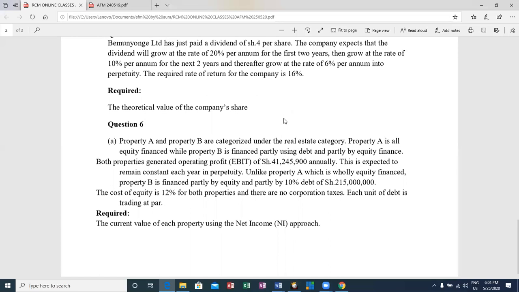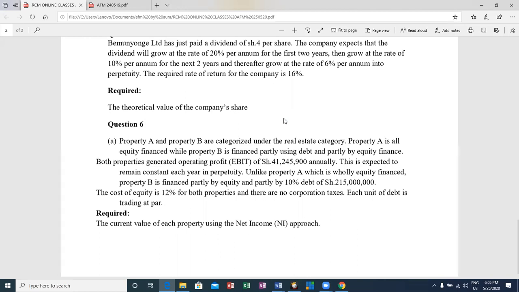Whenever we talk over infinity, very important, the present value of an amount that is indefinite, when n is infinity, is the amount divided by the cost of capital.